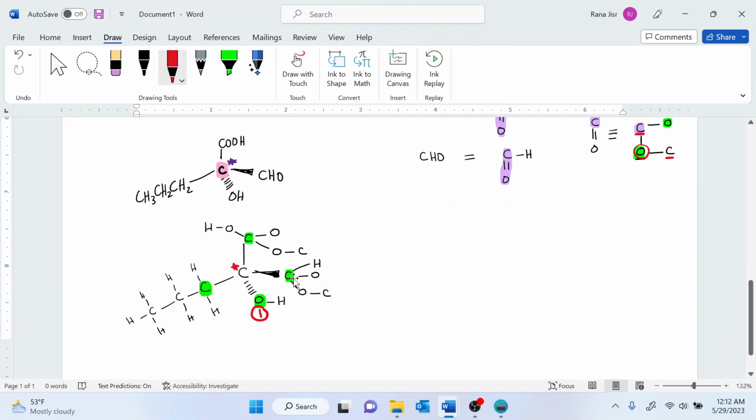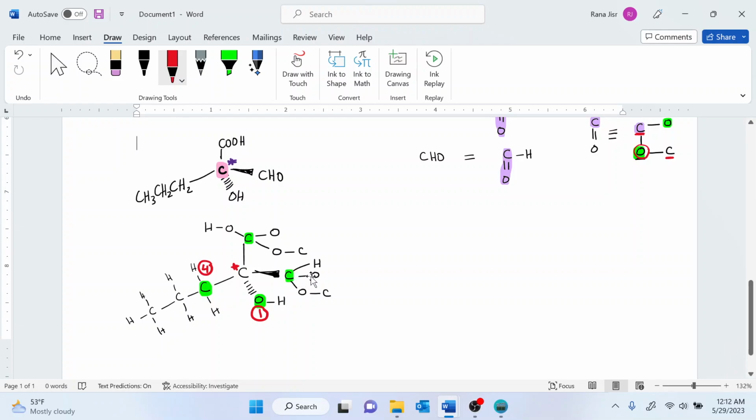Now I'm going to go carbon connected to an oxygen, carbon connected to an oxygen, carbon connected to a carbon. This is going to be the lowest priority, so this is priority number 4. Now between those two, I need to pick my second and third priority.